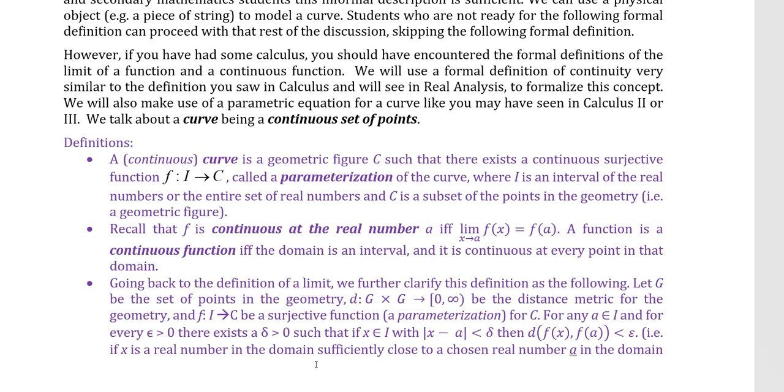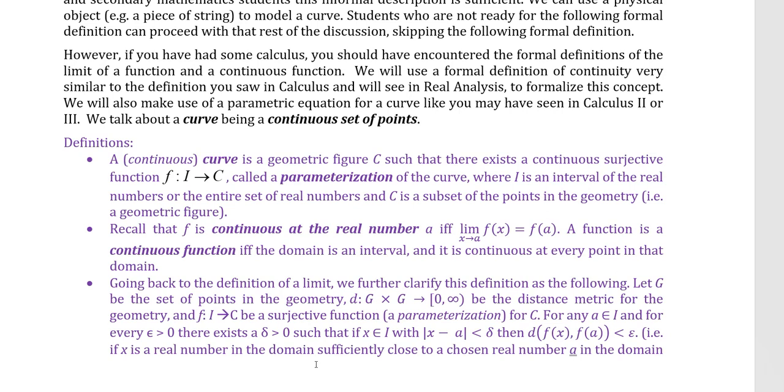A curve, meaning a continuous curve, is a geometric figure C such that there exists a continuous surjective function f mapping I, an interval of the real numbers, onto C, the curve, real numbers to points, called a parameterization of the curve, where I is an interval of real numbers or the entire set of real numbers, and C is a subset of the points in the geometry, in other words, a geometric figure.